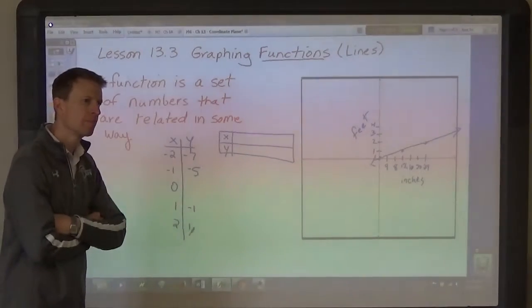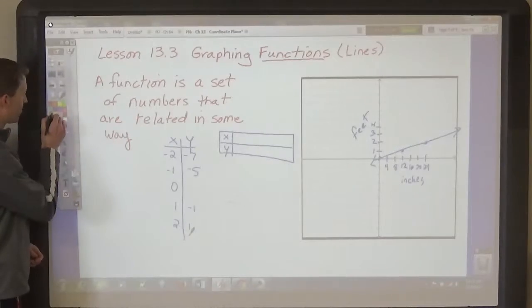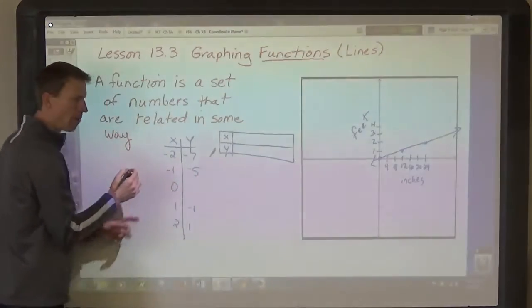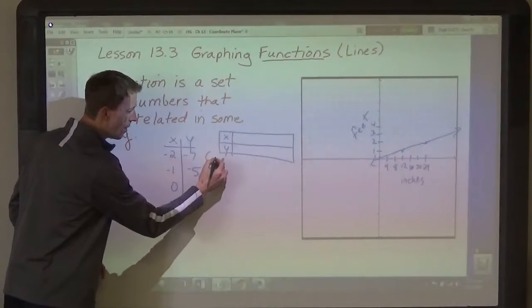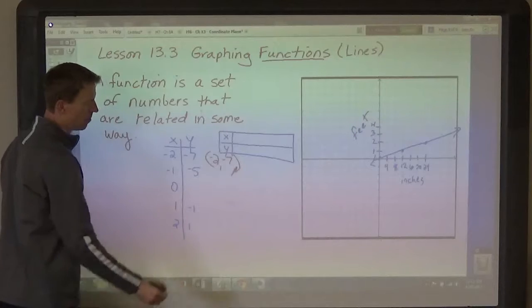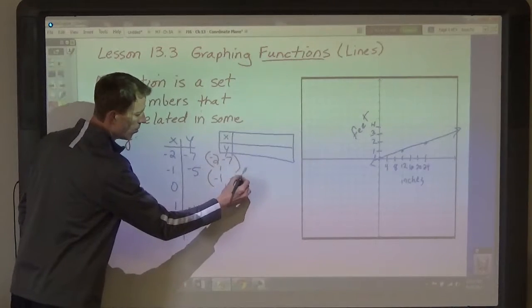Kaden? With the parentheses and the number. Exactly. We could take these numbers and write them as, do you remember what it's called when they're written this way? What are these numbers called when they're written this way?